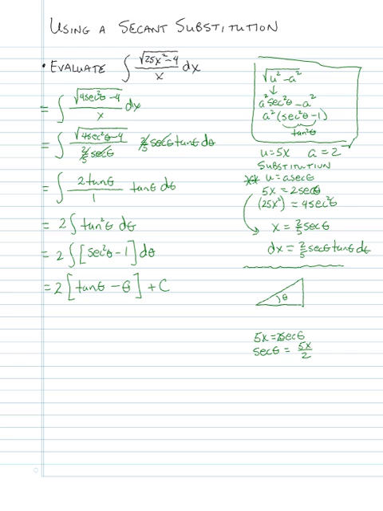Now, secant of theta, let's write this down. Secant of theta is nothing more than 1 over cosine of theta. And so it's a little easier for me to deal with cosine of theta than secant of theta. So cosine of theta is the reciprocal of secant of theta, so it's 2 over 5x. Now, the way we calculate cosine in a right triangle is adjacent over hypotenuse.